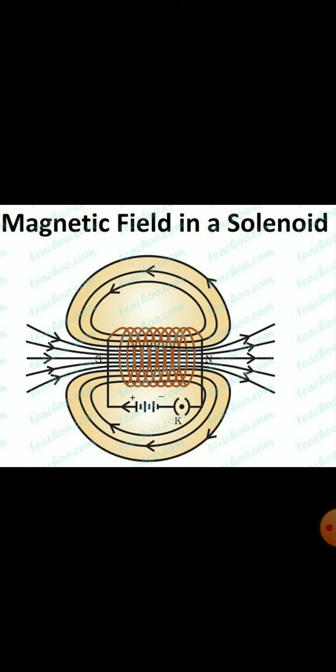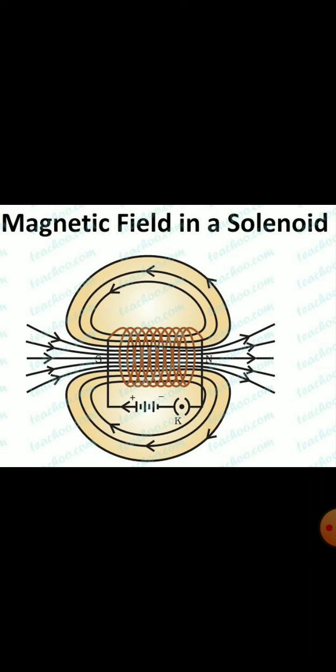The field lines inside the solenoid are in the form of parallel straight lines. Look at the figure carefully. Inside the solenoid, we can see the clear circular turns of copper wire, right? Solenoid is in the form of a cylinder, so there will be hollow space inside it, right?